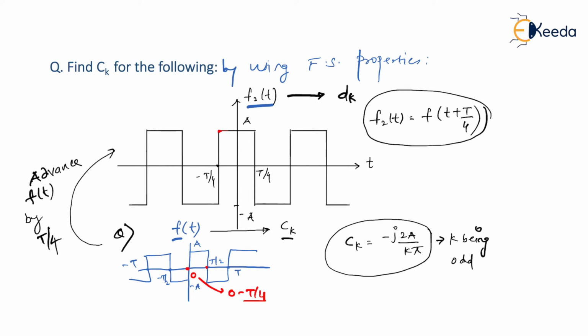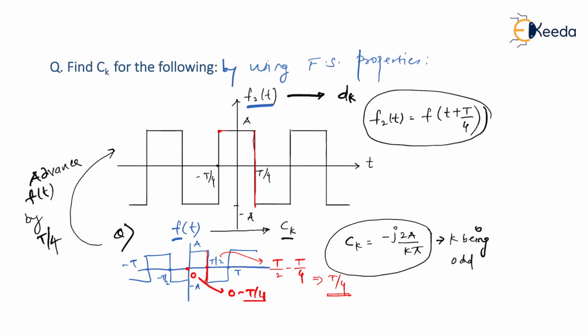Now, if you take this time stamp, that is T by 2, and if you subtract T by 4 from it, how much does it become? It becomes T by 4. So at T by 4, again there is a transition. At T by 2, there was a transition from A to minus A. Now there is a transition from A to minus A at T by 4.